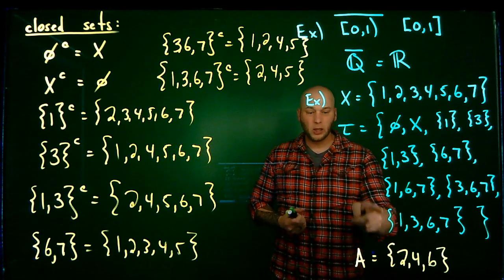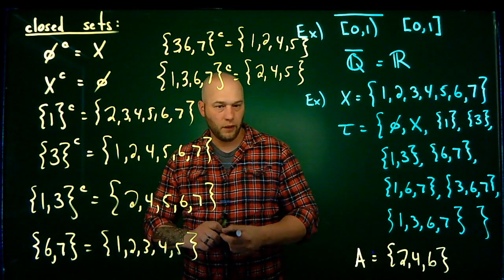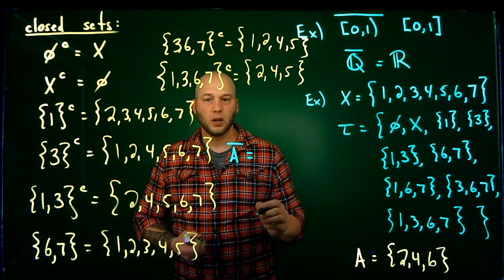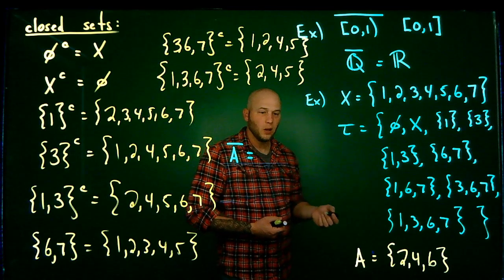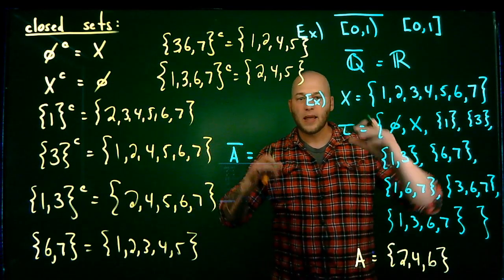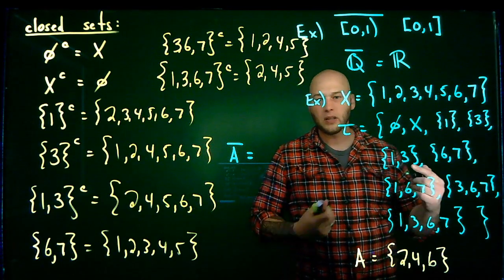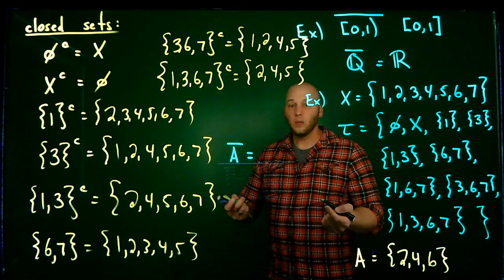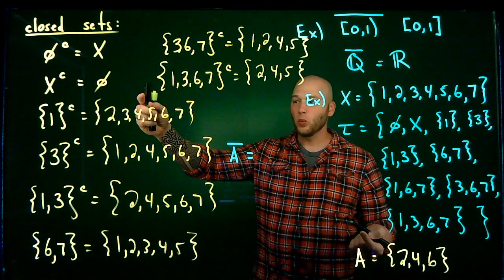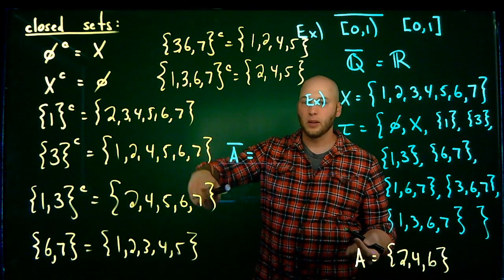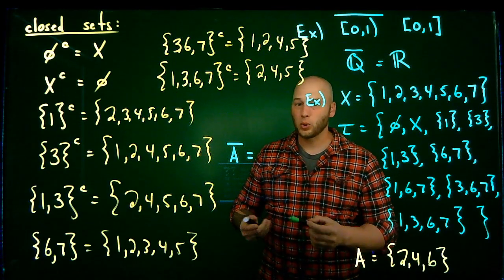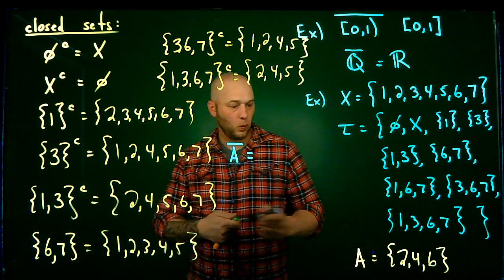And remember that the closure of A is the intersection of every single closed set that contains A. So in other words, every set that's a superset of A and is closed. Well, let's see how many of those we have. Which of these closed sets, let me put a little check mark next to them, actually contain A, which was {2, 4, 6}?